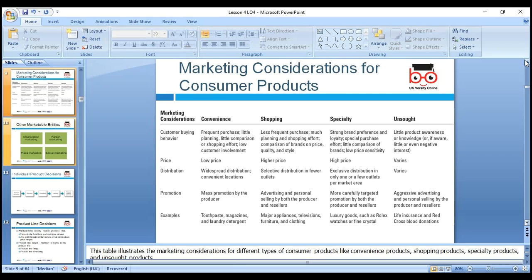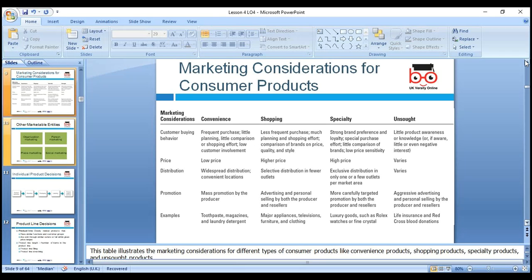Shopping products normally involve higher price, more purchase effort, and comparison of brands. Specialty products, with high price, include luxury products such as Rolex watches and exotic products.